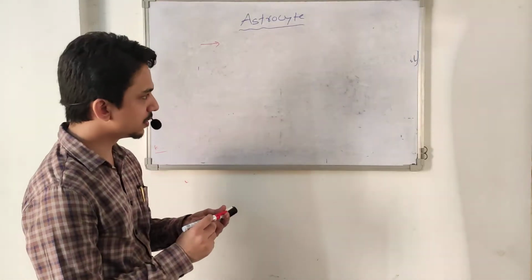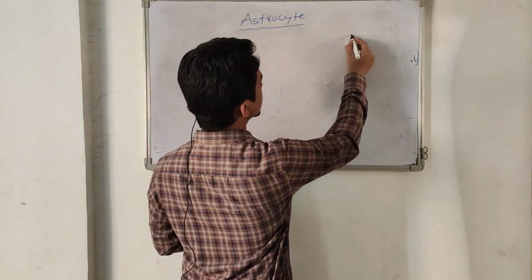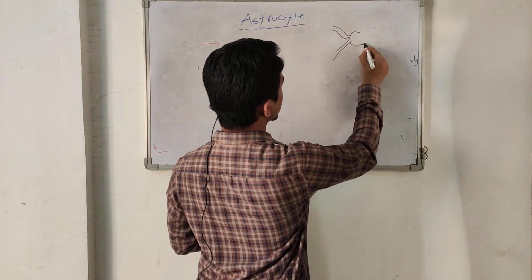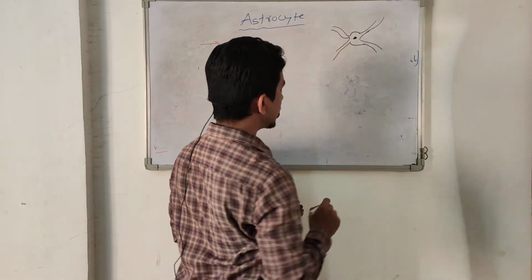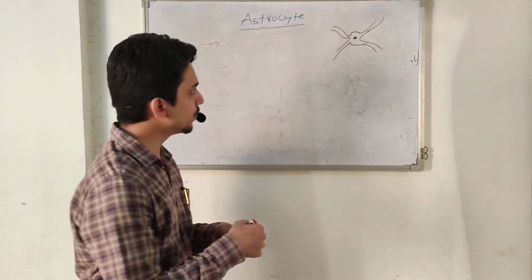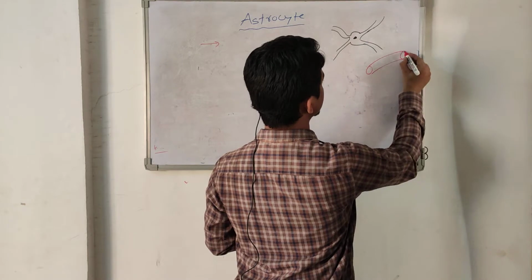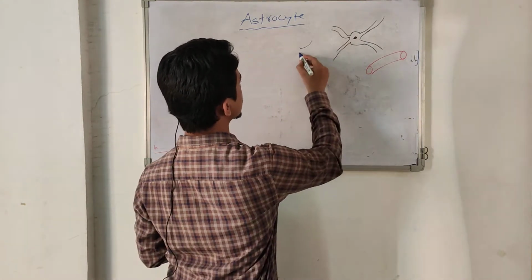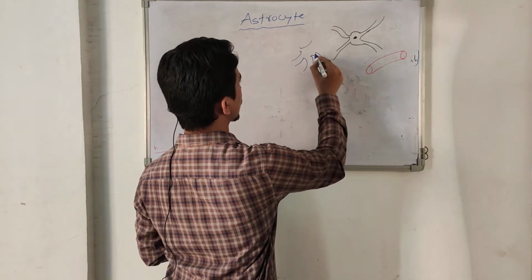Astrocytes have branching. I draw one astrocyte here. This is the astrocyte, with branching. These branches are called foot processes. Some foot processes are attached to a capillary, suppose this is a capillary. Some are attached to a neuron, suppose this is a neuron.